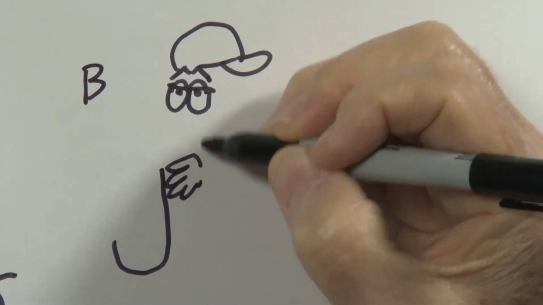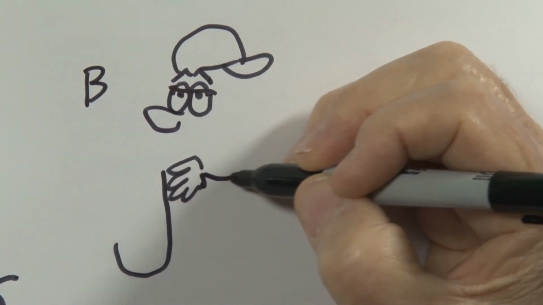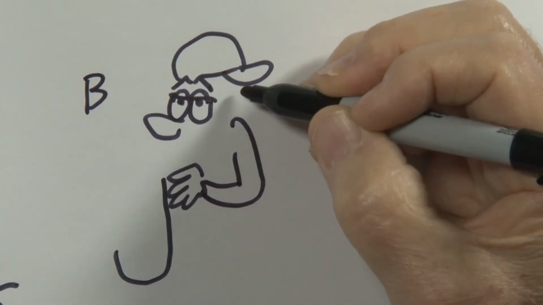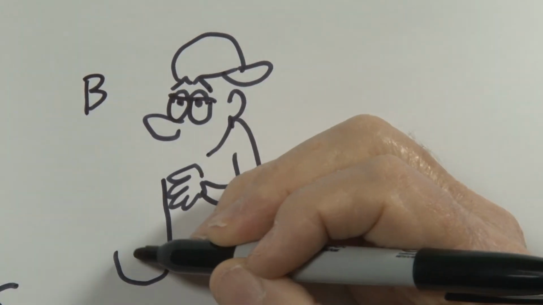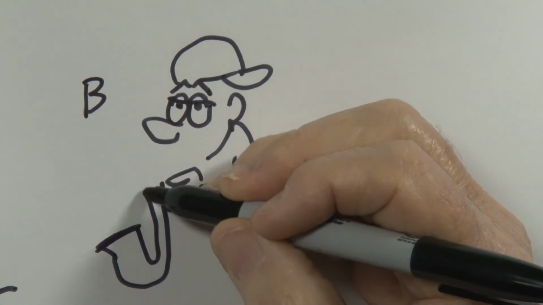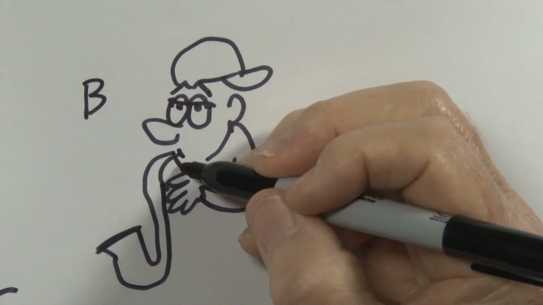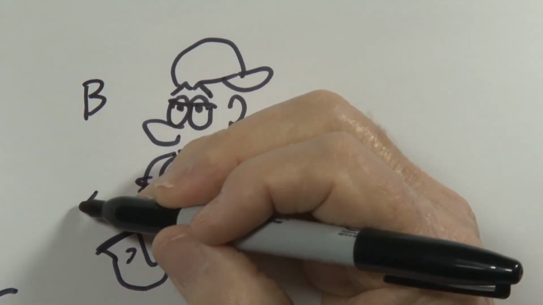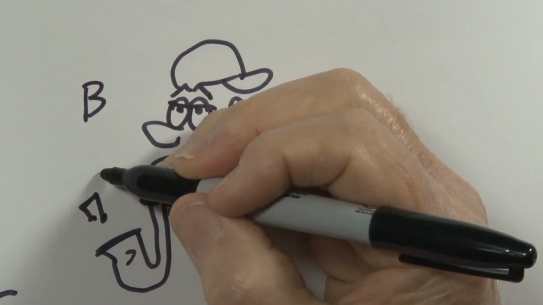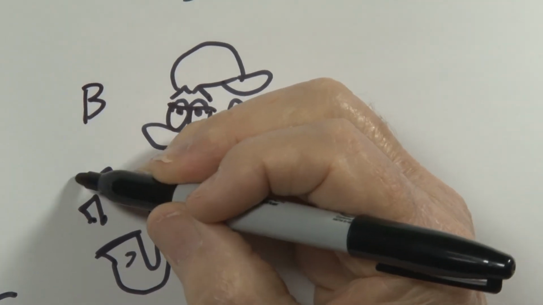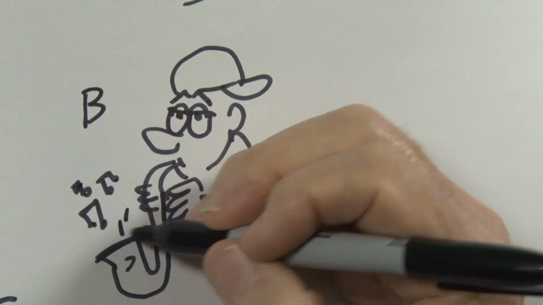And I'm going to have this guy be a musician. You know, cartoonists put little things that represent musical notes.